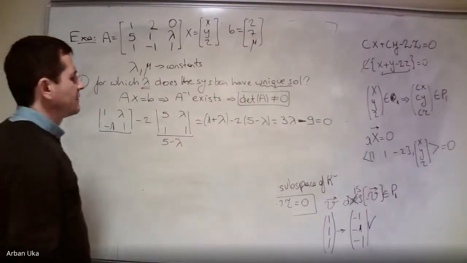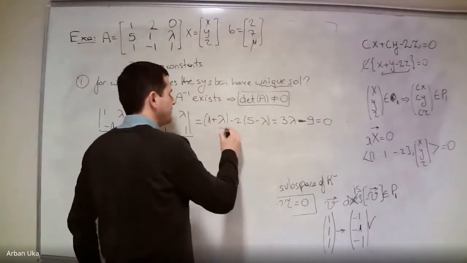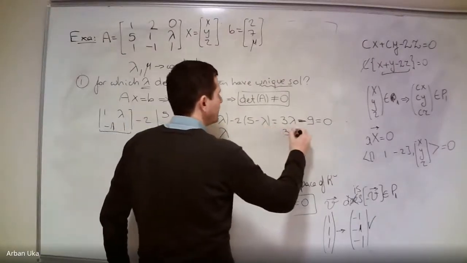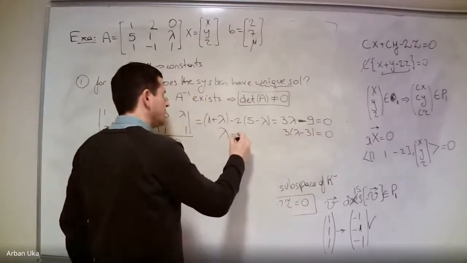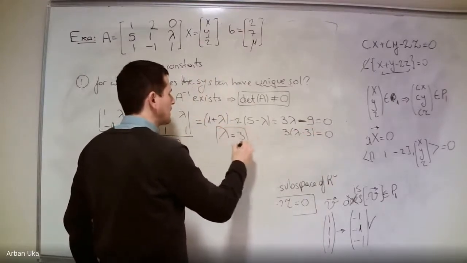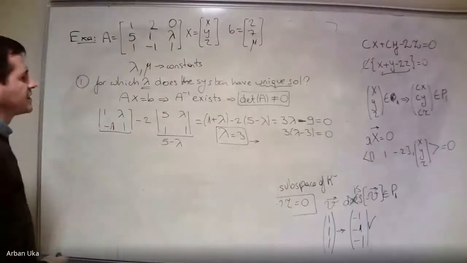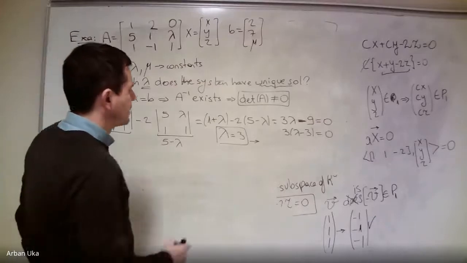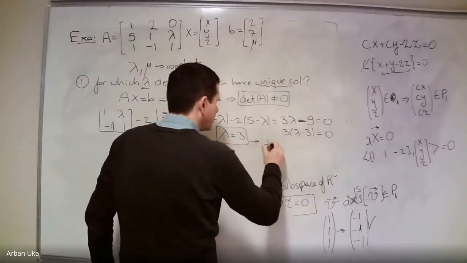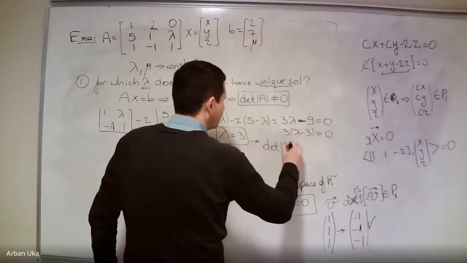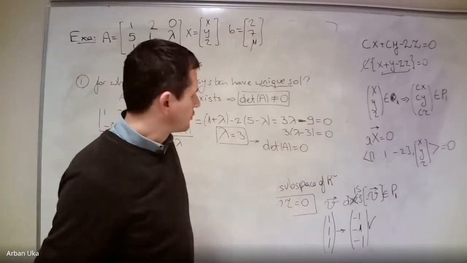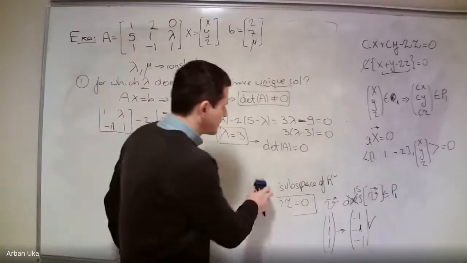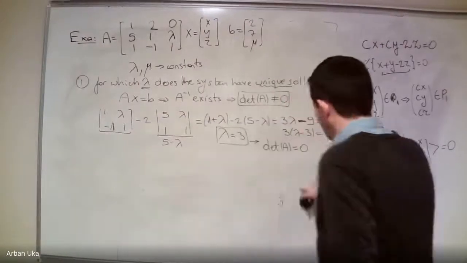So in case lambda is equal to 3, this is 3 times lambda minus 3, which is equal to 0. So what can you say if lambda is equal to 3? There's no solution. Well, there's no unique solution, I believe. So if lambda is equal to 3, then the determinant of A is equal to 0. In fact, when the determinant of A is equal to 0, we cannot directly say whether we have a solution or not.